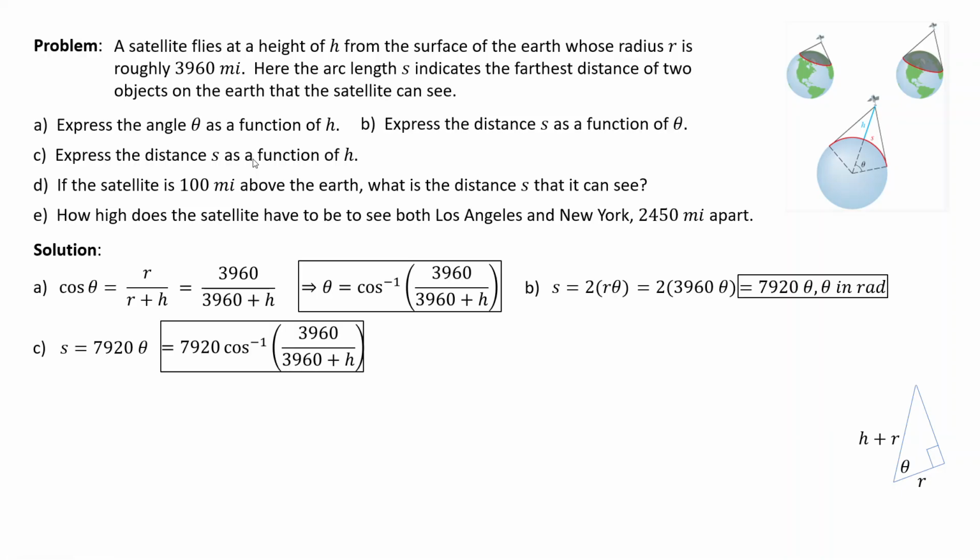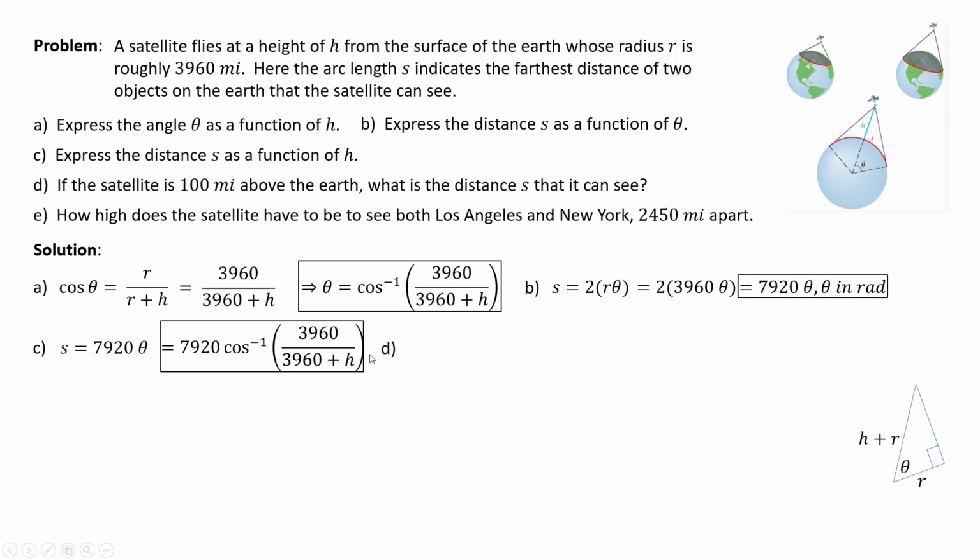Simple? Okay. Now part D. If the satellite is 100 miles above the Earth, what's the distance s that it can see? Oh, would you agree? Simple plug and check.